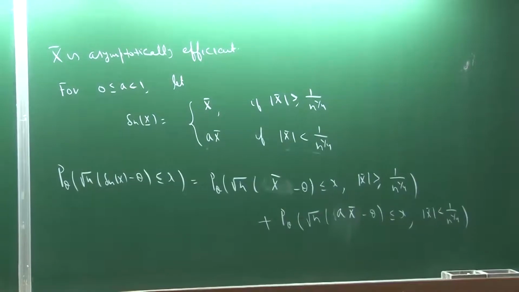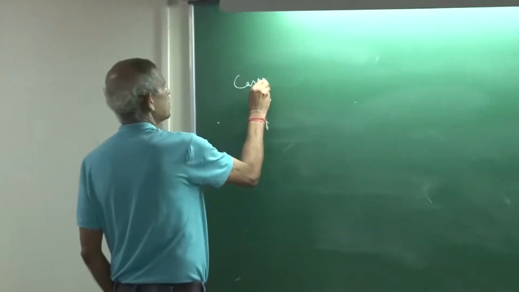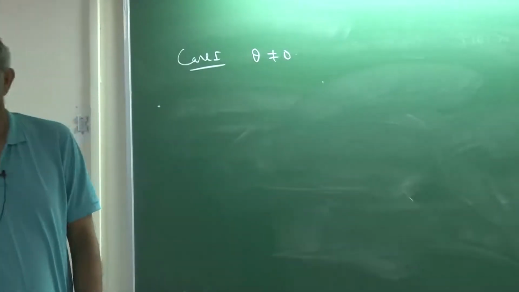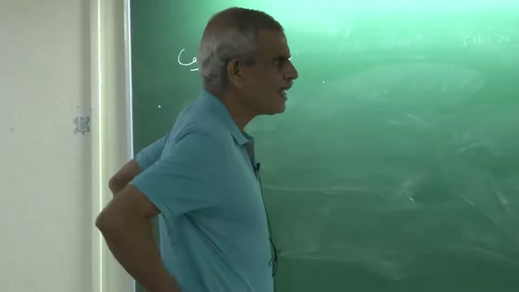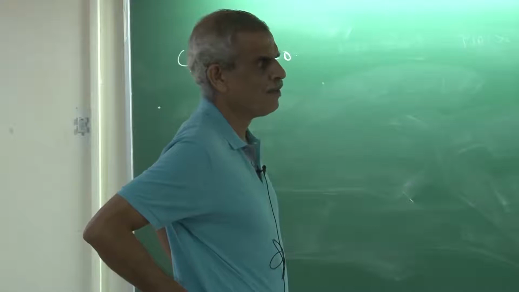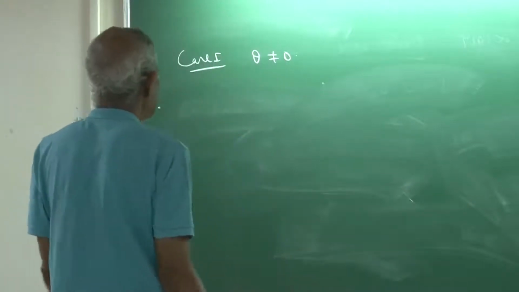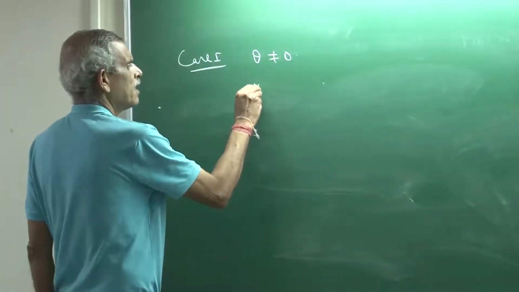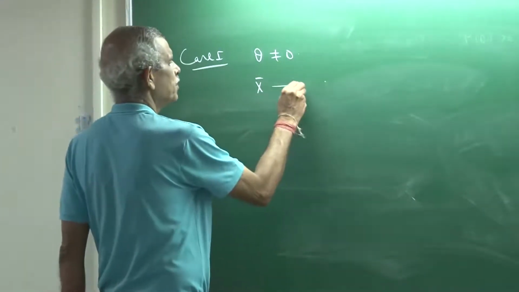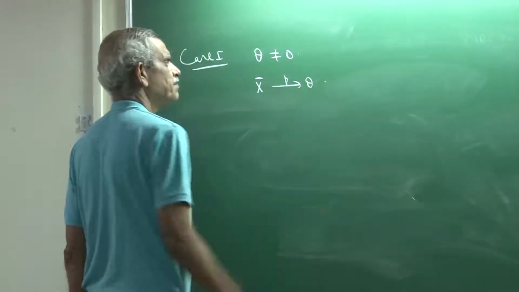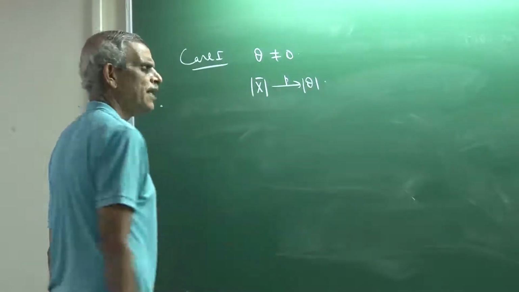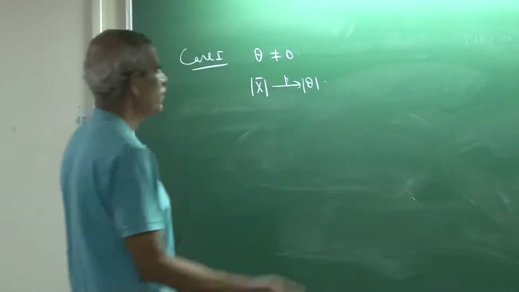So the first case: theta is not equal to 0. Then you can get an intuitive feel of what would happen to n to the power 1 by 4 times mod of x bar. In this case, you know that x bar goes in probability to theta, so mod of x bar goes in probability to mod of theta.